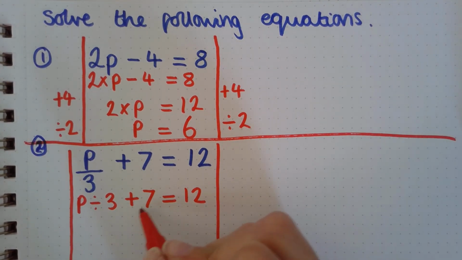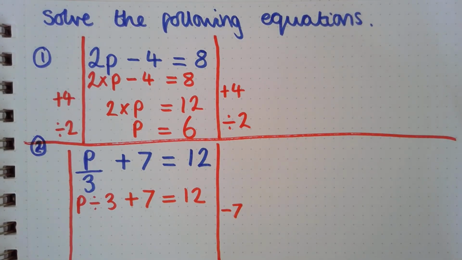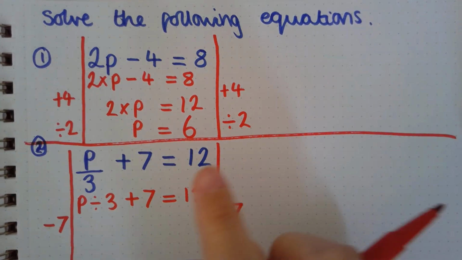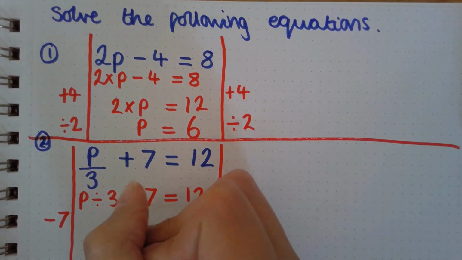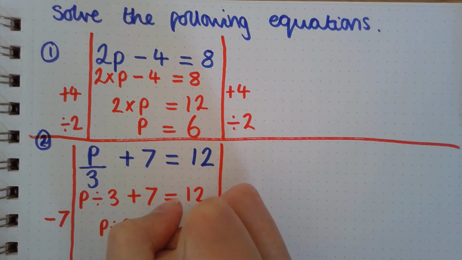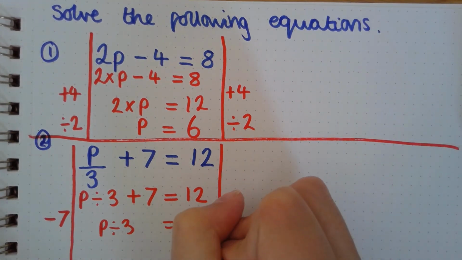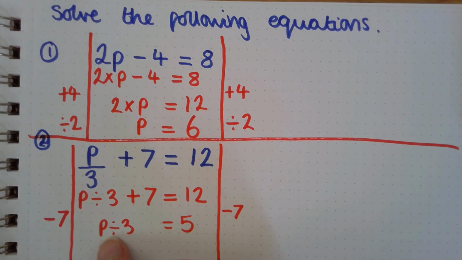So the opposite of add 7 is take 7. We're going to take 7 from both sides. So add 7, take 7, they disappear. So we're left with P divided by 3. 12 take away 7 is 5. Now we want to get rid of this divide by 3.